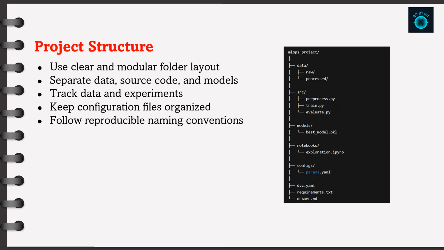Jupyter notebooks go into the notebooks folder, and configuration files such as params.yaml live inside the configs folder. The dvc.yaml file defines data and pipeline stages for DVC. Finally, the requirements.txt file lists dependencies, and the readme.md file documents the project. This structure separates responsibilities clearly, making the project easy to manage, scale, and automate.